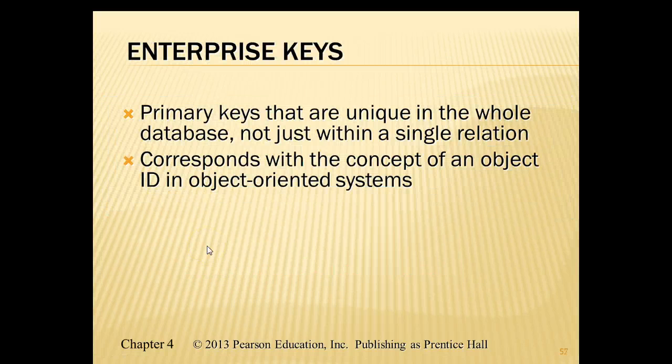The text talks about enterprise keys, which are primary keys that are not just unique to the table, but are unique to the whole database. So in other words, those primary key values are not duplicated anywhere in the database.